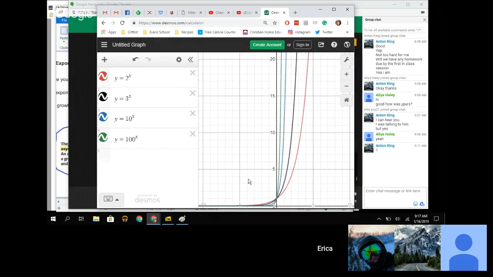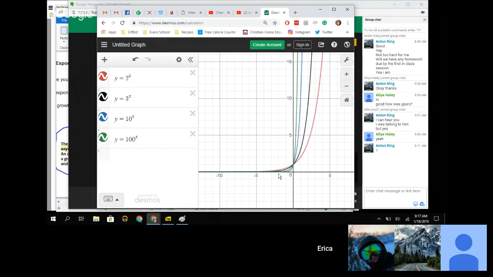But what happens when x is negative over here? You can see when x is negative, it gets really little, really, really fast. So for example, if I have 100 to the negative 1 power, that's 0.01. If I have 100 to the negative 5th power, that's 10 to the negative 10th power. Remember scientific notation? That means it's a really, really small decimal, 0.0000001.